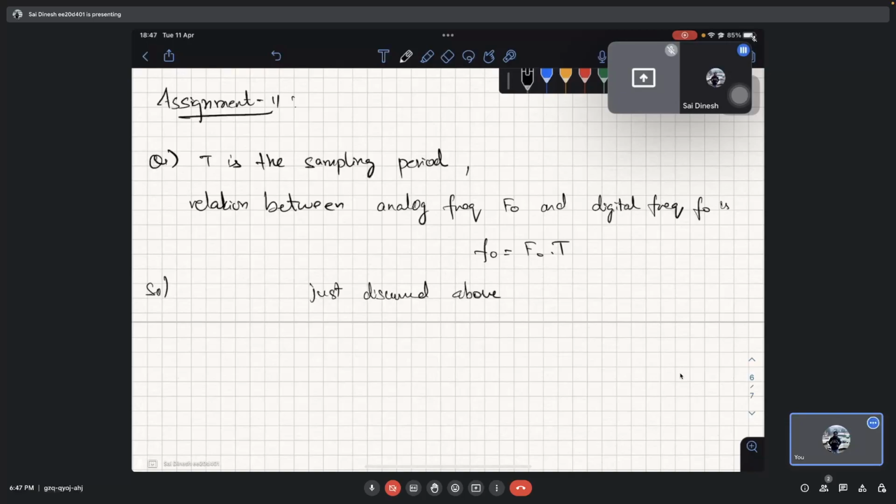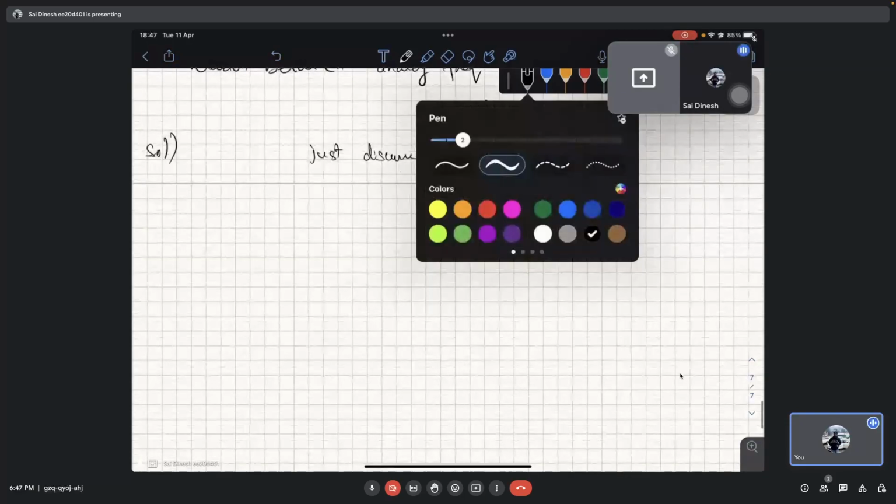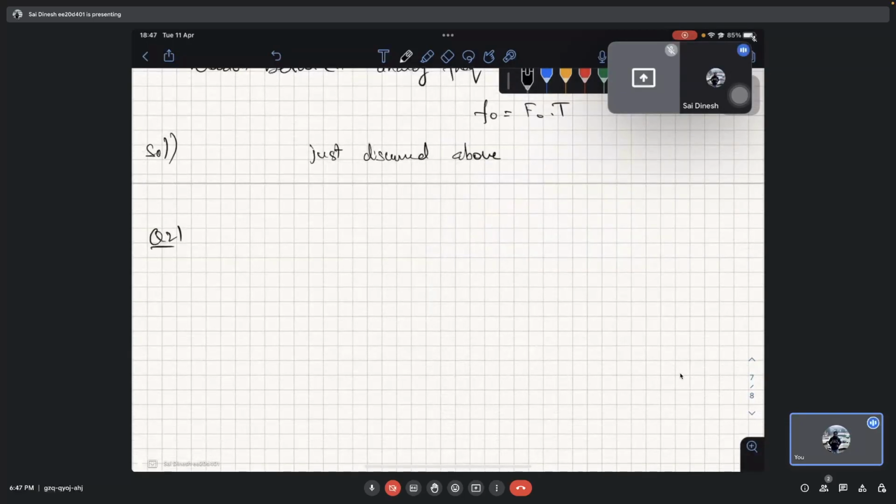Discussed above, right? And then question 2 is, suppose the bandwidth of a given continuous time low pass signal is fc. The condition on the sampling rate fs for exact recovery.